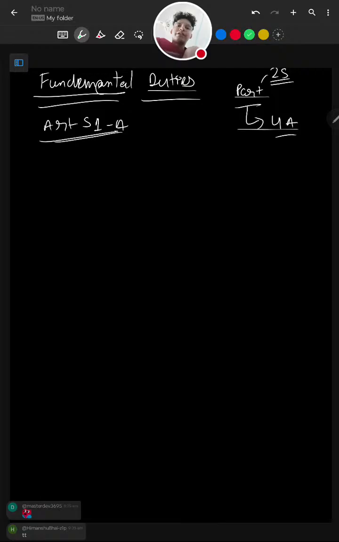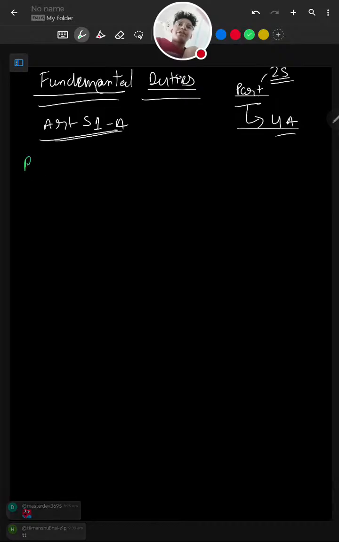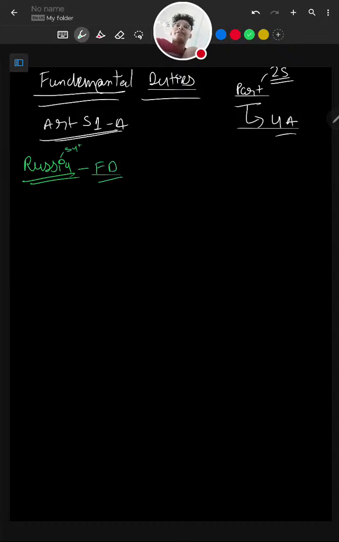So these fundamental duties are taken from, as I told you, Russia, Russians love to do their duty. So fundamental duties are taken from Russia. And also Russia had 5 year plans, which start from 1951, and go every 5 years, 1956. Then the next plan is 56 till 61. And third, then fourth, then there is a break there.